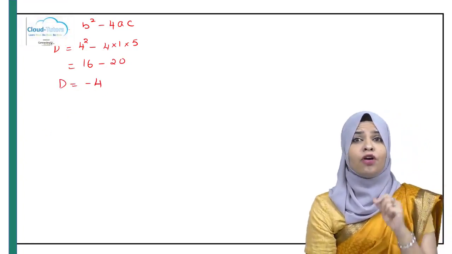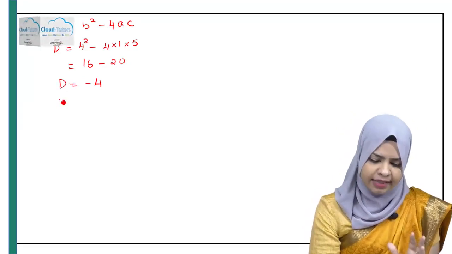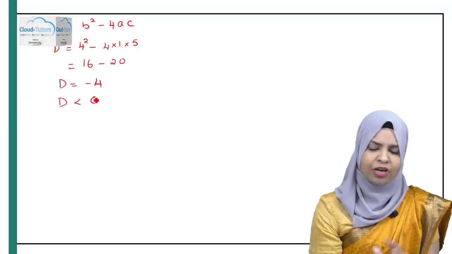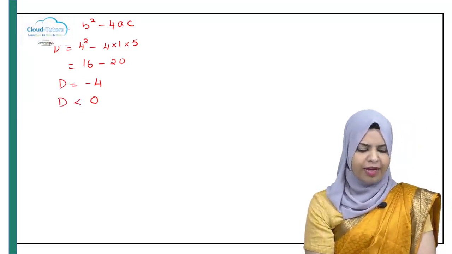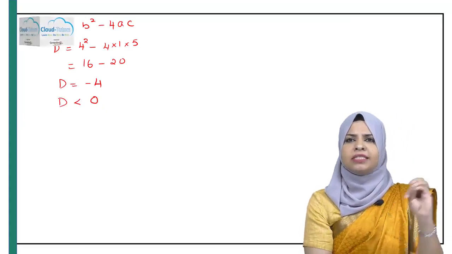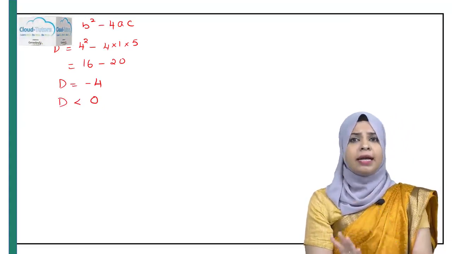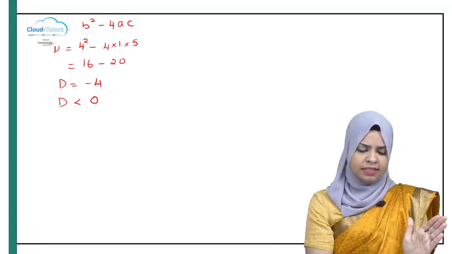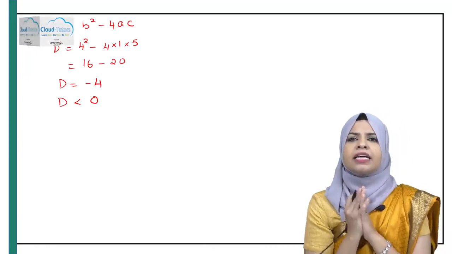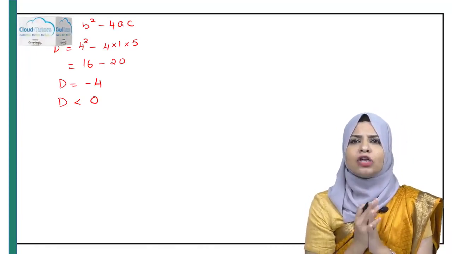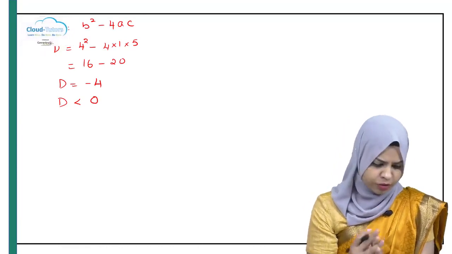That means the value of d is less than 0. So whenever the discriminant value is negative, or should I say less than 0, it means that the given polynomial does not have real zeros.